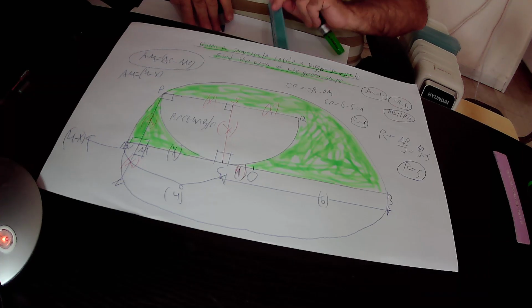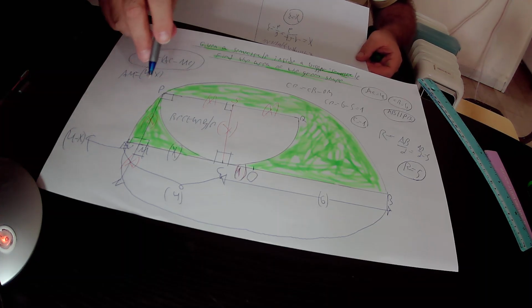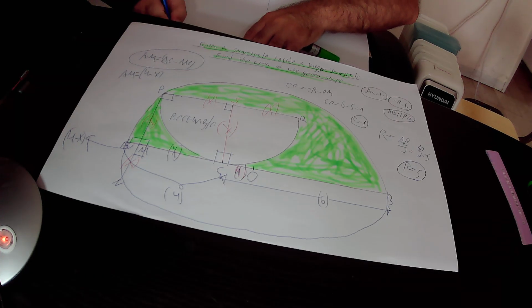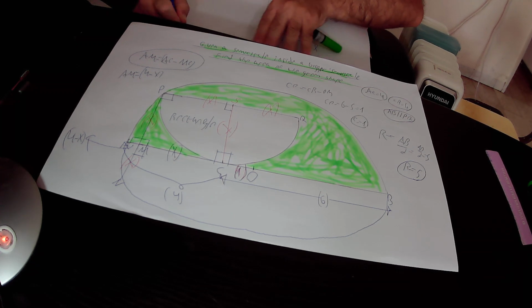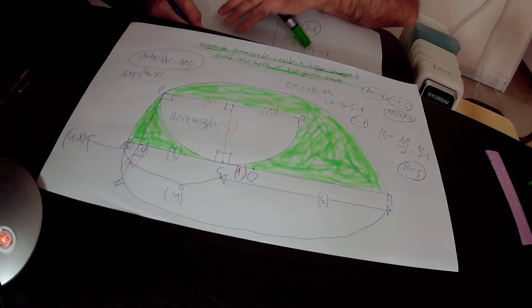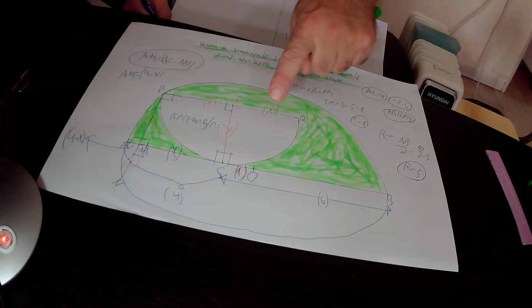From the drawing, it is very easy to see that the area of the green shape in total is equal to the area of the big semicircle, and you know that the radius of the big semicircle is 5, minus the area of this small semicircle.